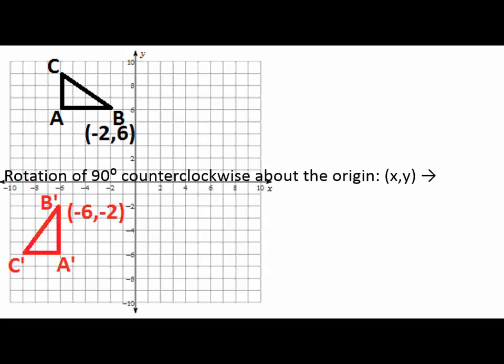So let's write this rule. Rotation of 90 degrees counterclockwise. And remember, for counterclockwise, you guys can abbreviate it as CCW. Rotation of 90 degrees counterclockwise about the origin, (x, y) becomes what? (-y, x). Perfect.